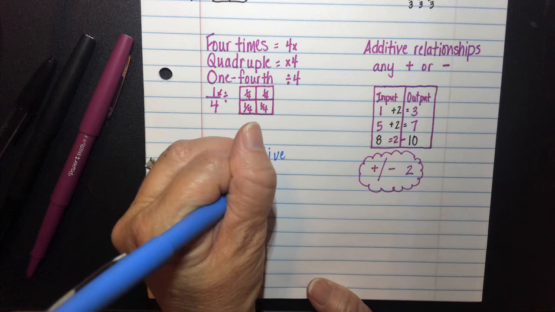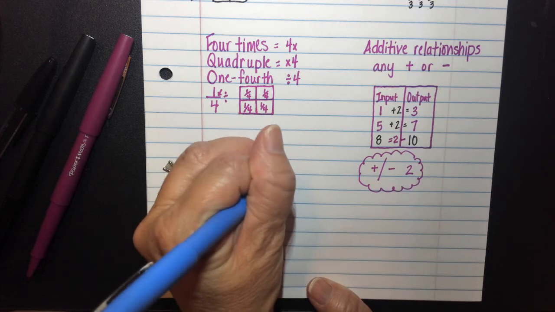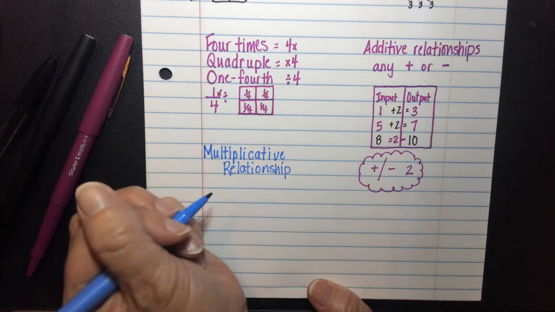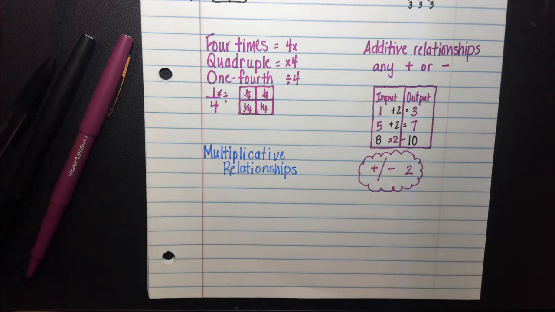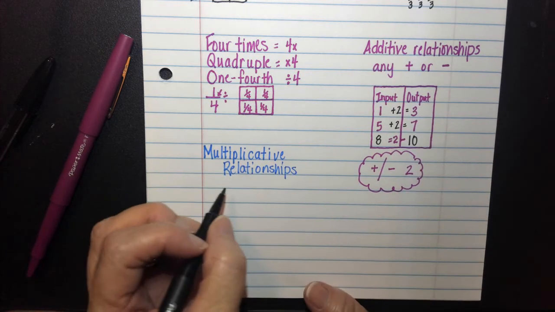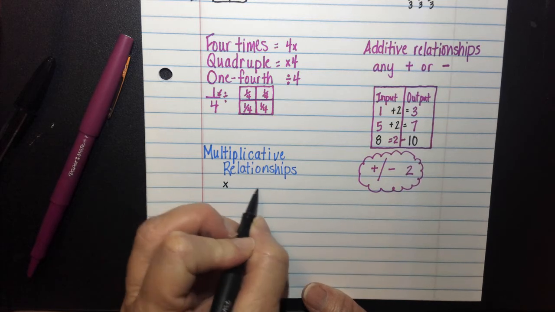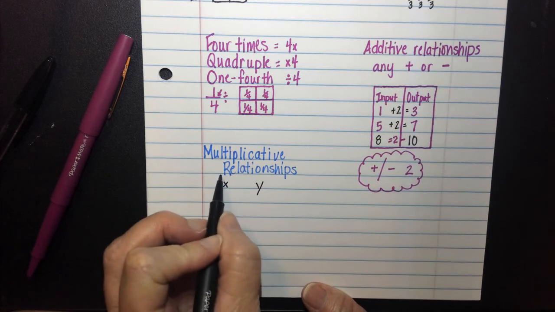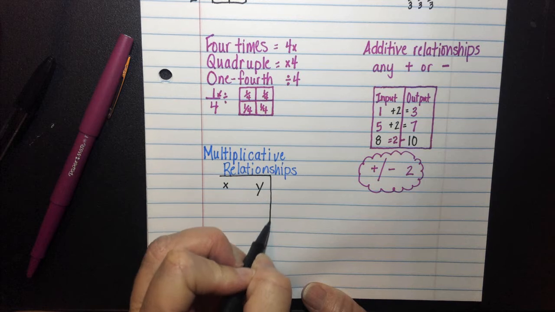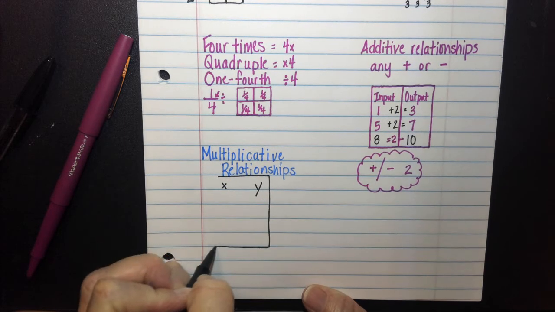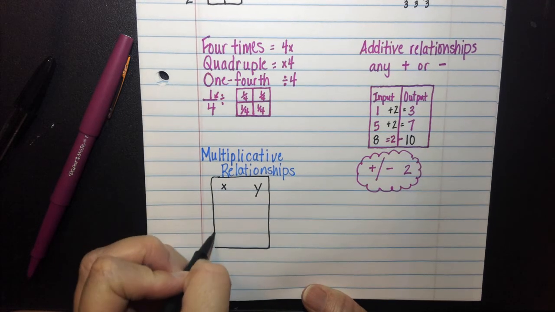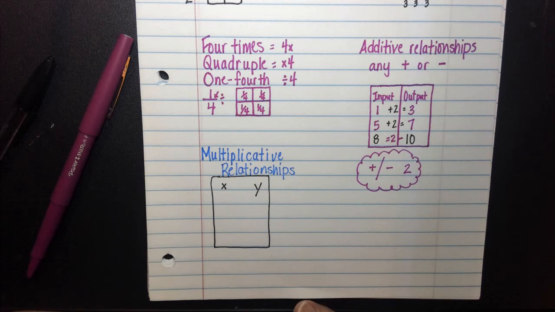So just like we did with our additive relationships, we're going to put a quick table in here. So I'm going to call this one X and this one Y. Make a quick table.